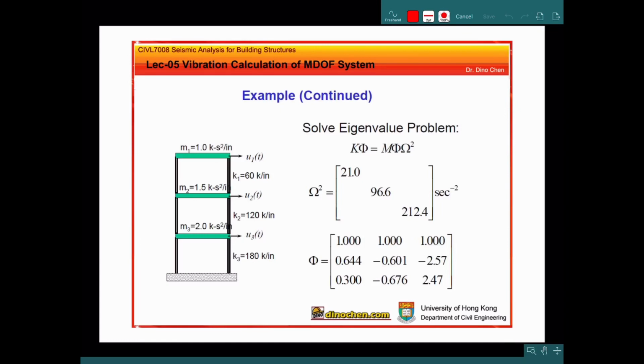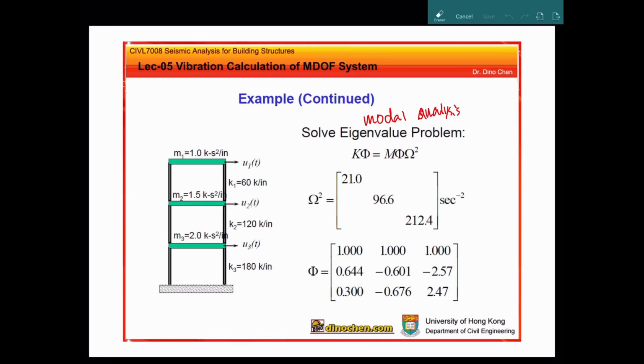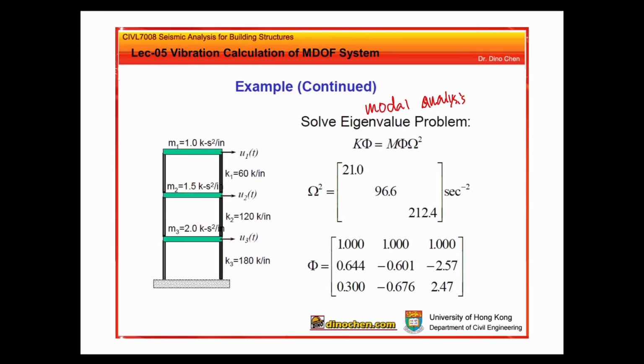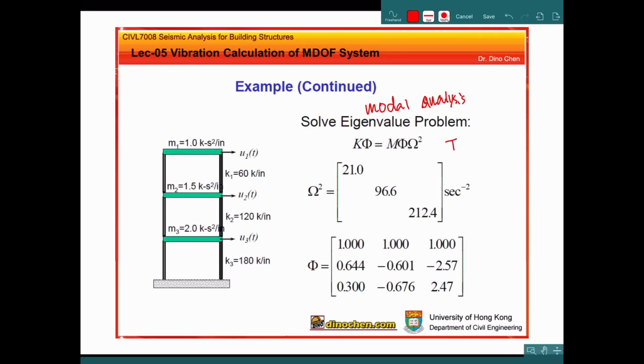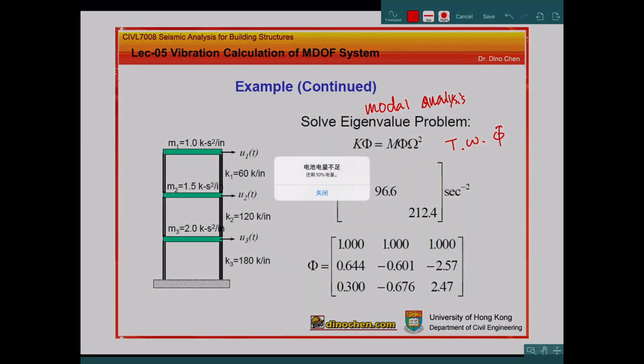So after we have the modal analysis, we can compute the different mode shapes, the equation, the period and the circular frequency, and we can get the mode shape displacement.